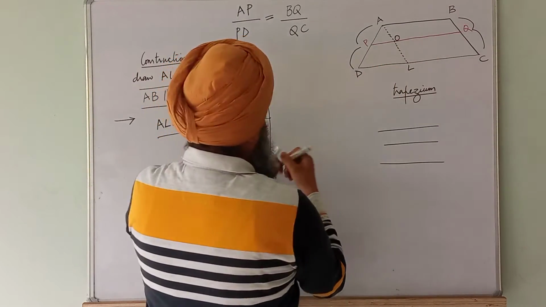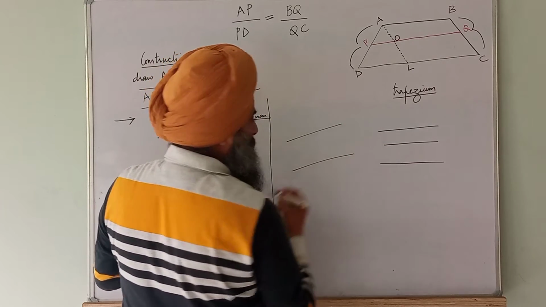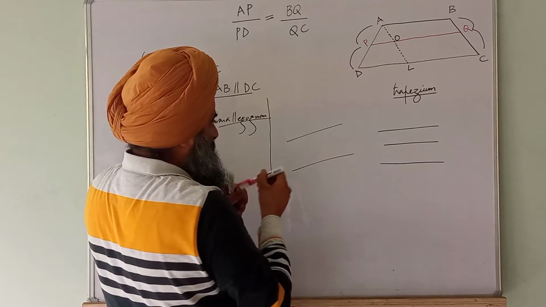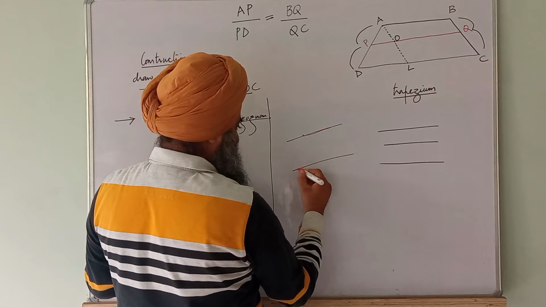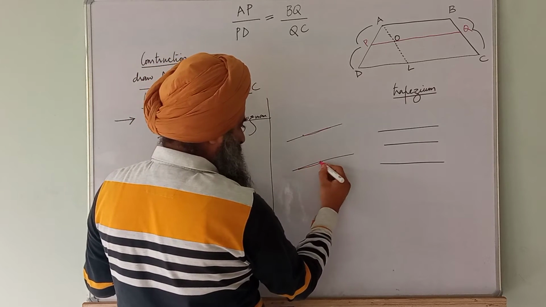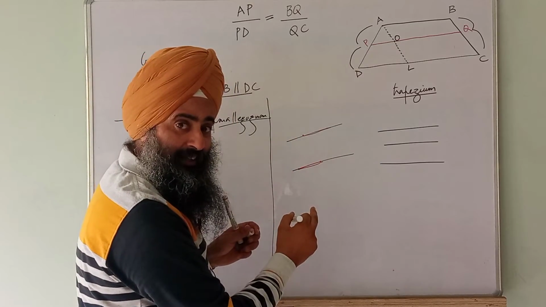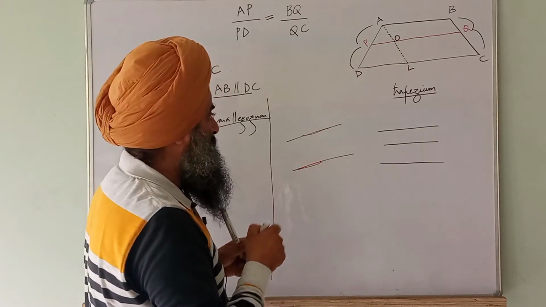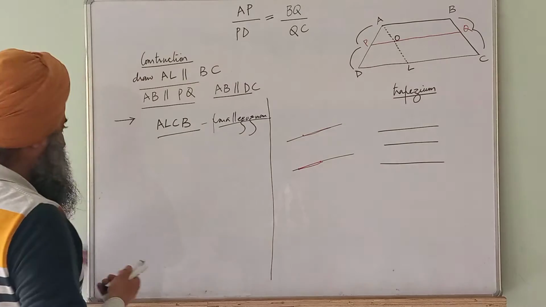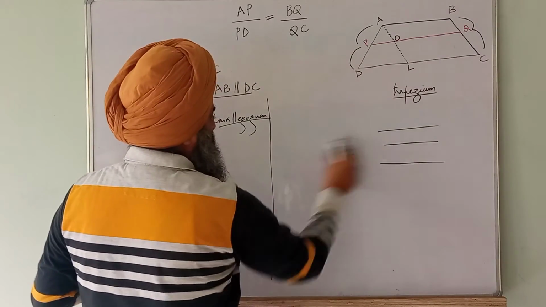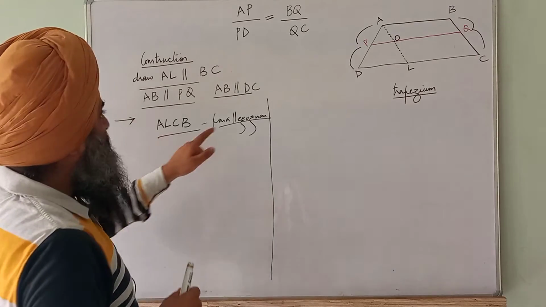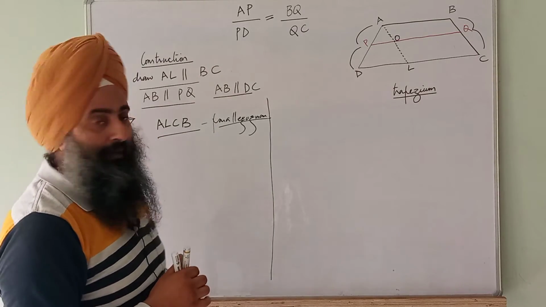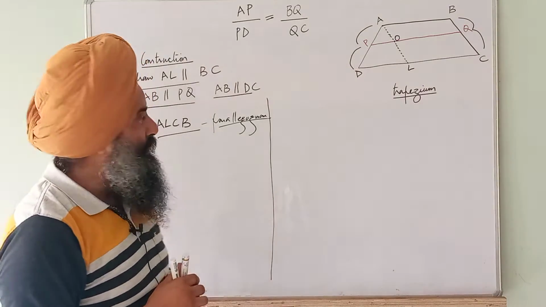If these two lines are parallel, then these two parts will also be parallel. Remember that. So ALCD is a parallelogram. Am I right, students?